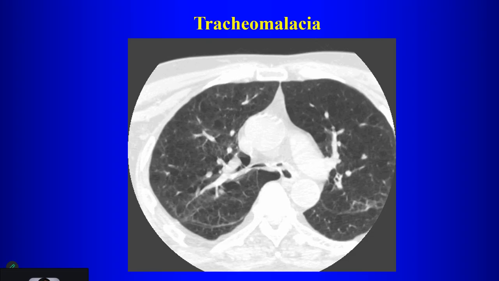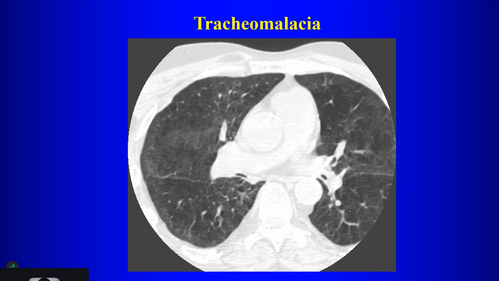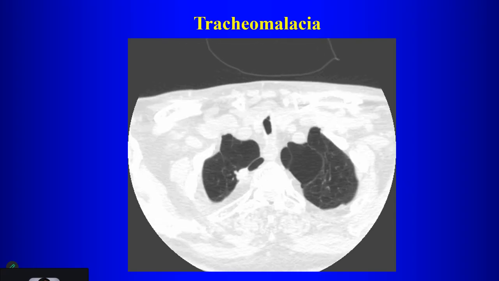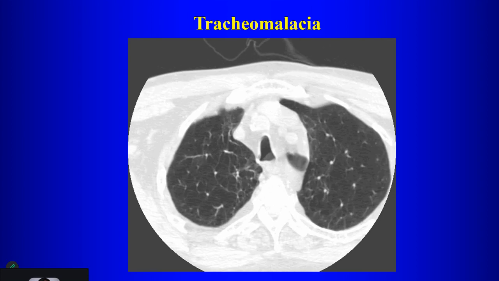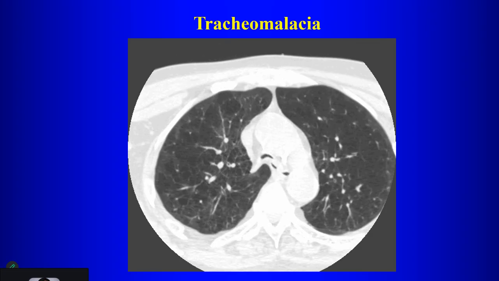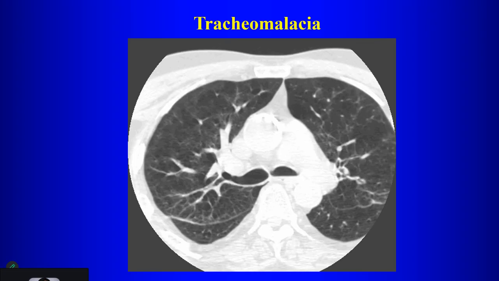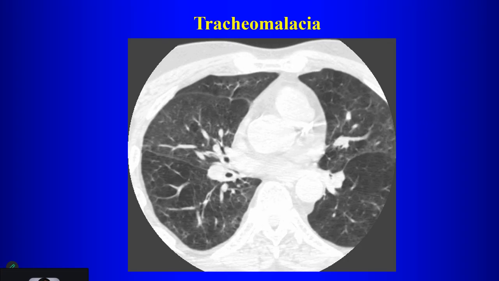So you want to do the scan while the patient is actively expiring in forced expiration, right? Because in inspiration, this could look normal, okay? If you do it at the end of expiration, again, it could possibly still look normal. So you have to specifically instruct the patient how to do the study, that you're going to scan during forced expiration. You want to time it effectively.